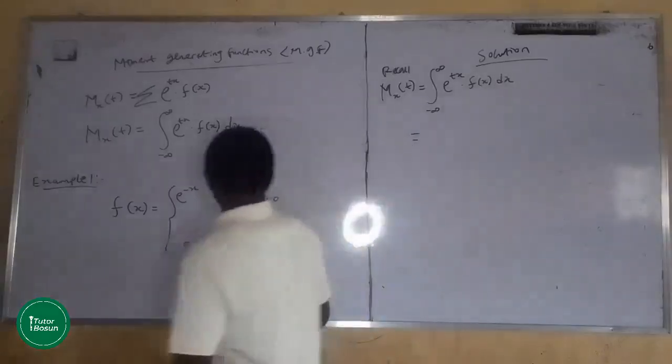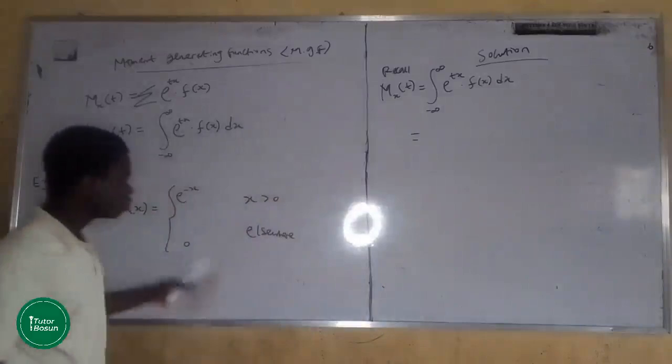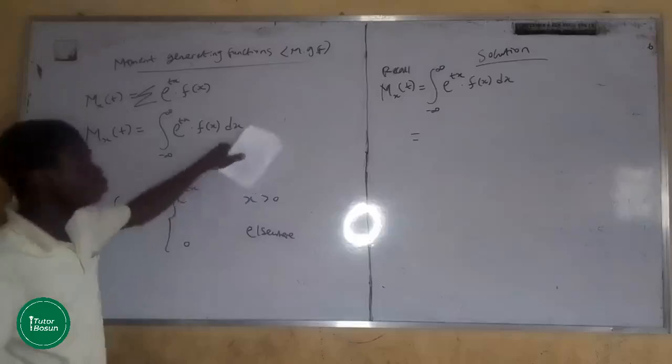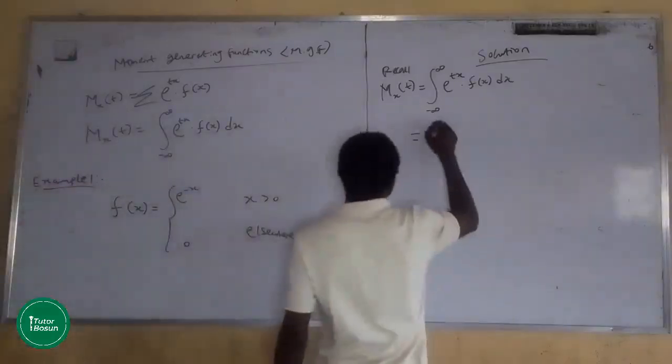For 0 elsewhere, you assume that it is from minus infinity to 0, and the other part is from 0 to infinity.